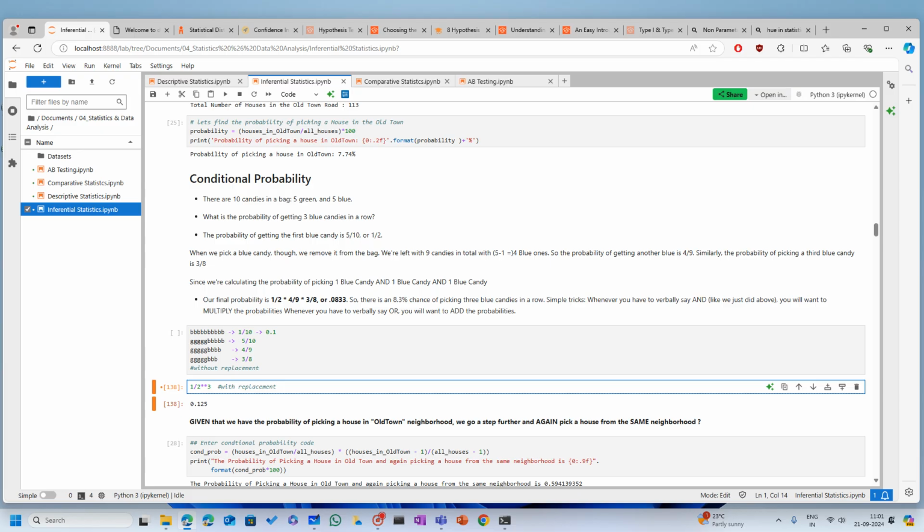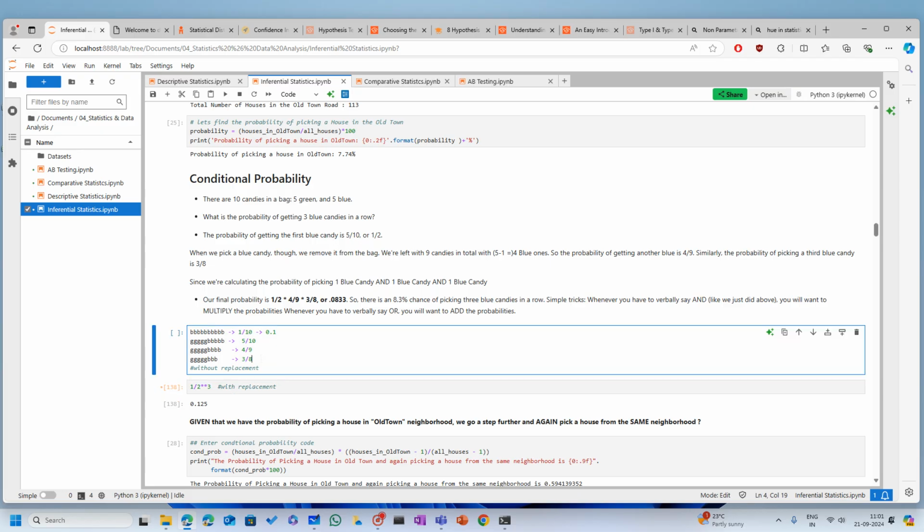Yes, you pick one candy, note it is a blue candy, and put it back in the sample. So the sample size will be 10 every time. Without replacement means we are taking it out and keeping it aside, not in the sample space again. Okay, got it. Am I right? Yeah, you're right.